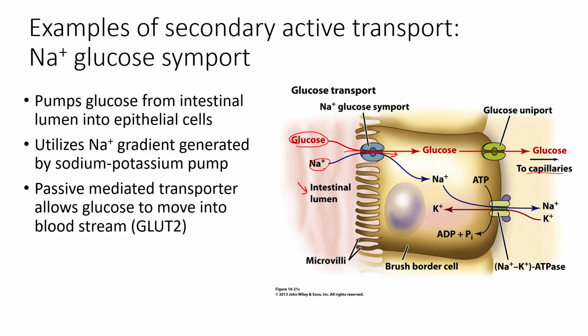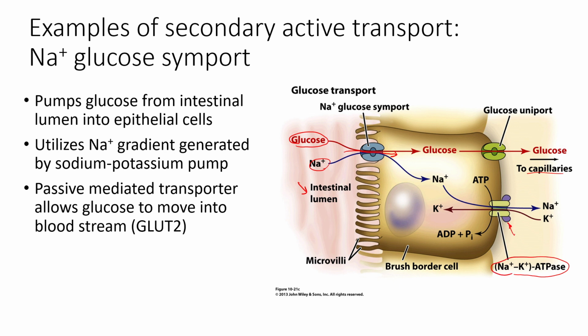And so we talked about how that is driven by first using ATP hydrolysis to create a gradient, and then dissipating that gradient to pull a second molecule across. So let's look at how that works here. In this case, we have our sodium-potassium ATPase, as drawn here on the other side.